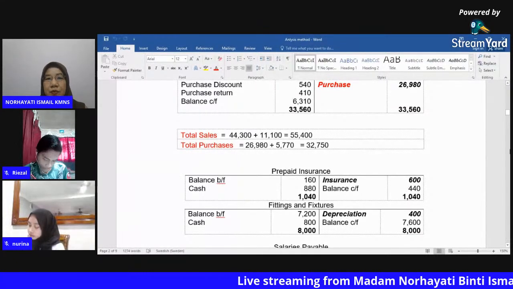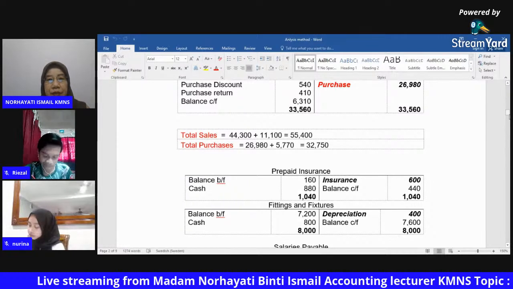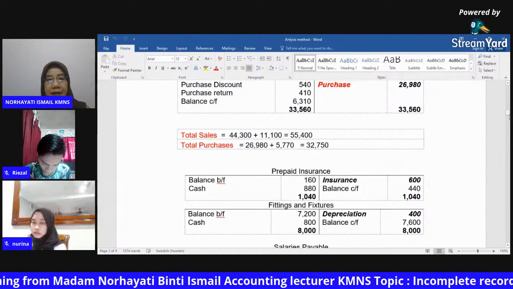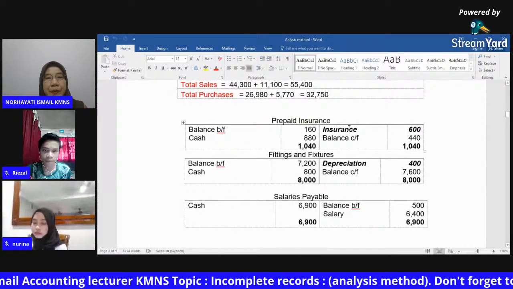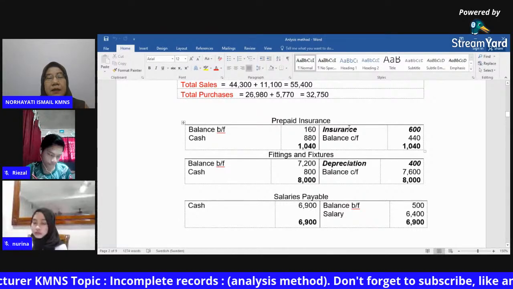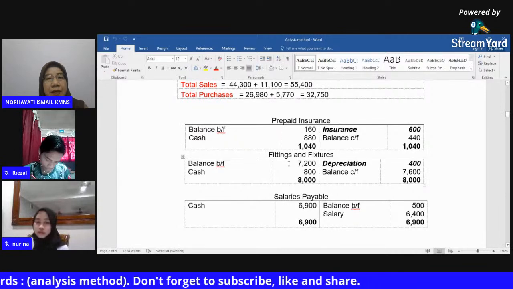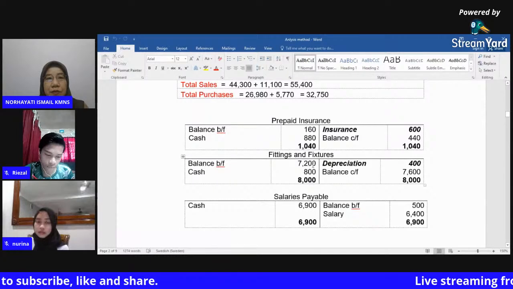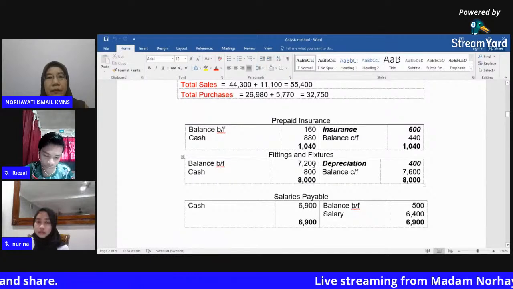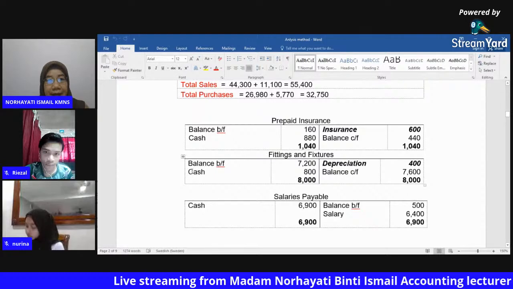And the next one, we make an adjustment for non-current assets. That one is fittings and fixtures. So you can look at the details about fittings and fixtures. The beginning balance is 7,200, and then we purchased for cash.